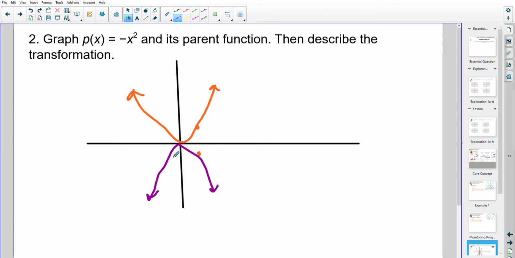Again, real bad drawing, but you get the general idea here. So it's a reflection. The parent function is f of x equals x squared, and the transformation is a reflection over the x-axis.